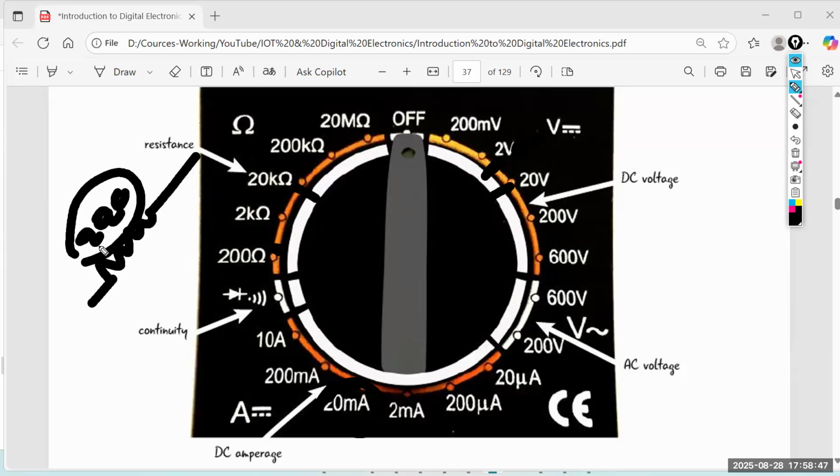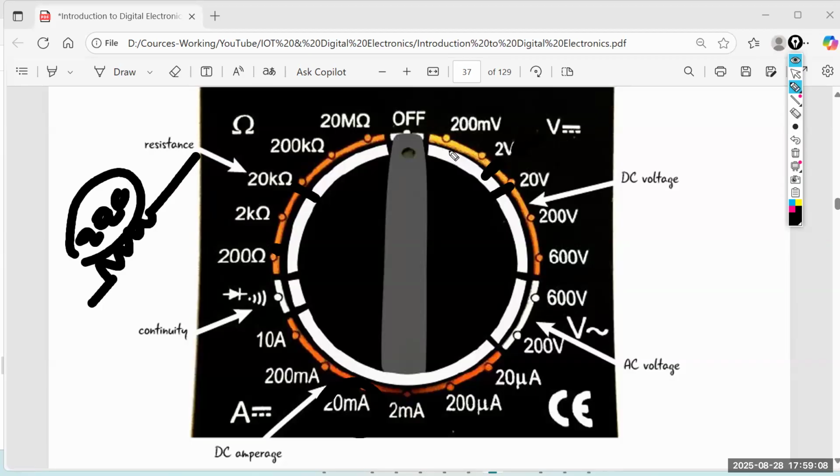So therefore, always start with the lower side, because if you go for the bigger side, sometimes it might burn your multimeter's fuse. Then you need to add another fuse. So that is why we have ranges.